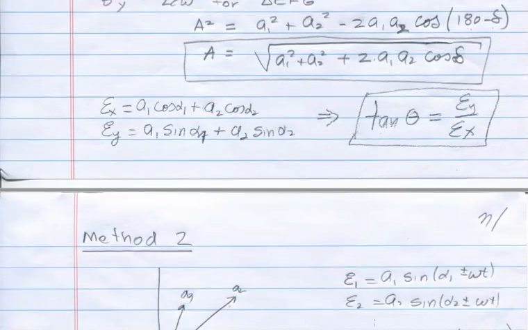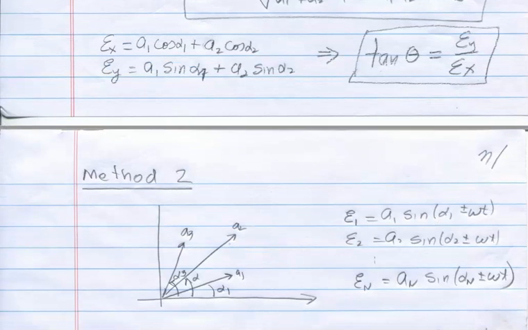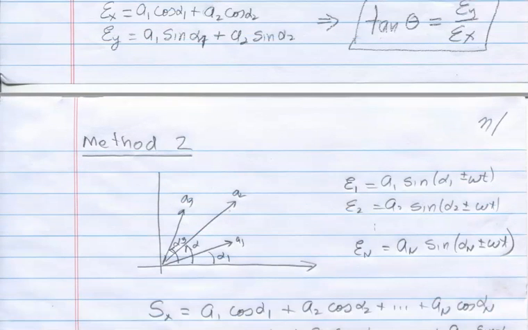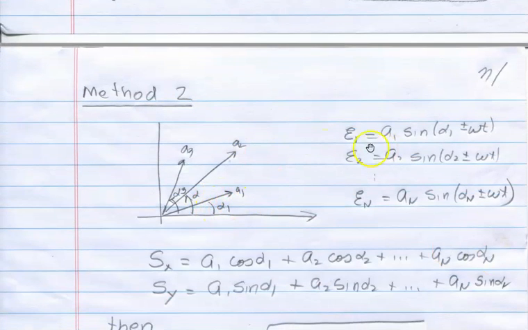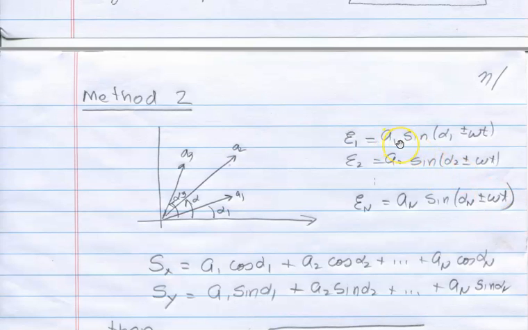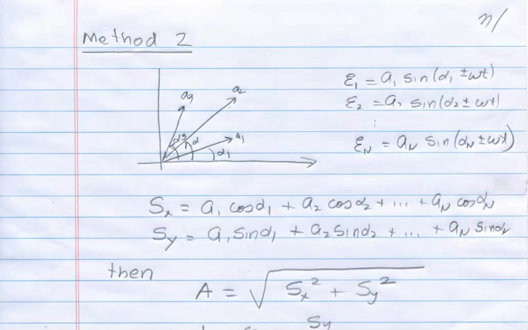Method 2 is similar, that is actually the way that I probably would do it most of the time. This one works best if you've got a whole bunch of fields and I want to sum all of these up to get an overall resultant. And what you do is just do that vector xy decomposition for each one of these vectors, sum up all their x components, sum up all their y components, and get what I call Sx and Sy.